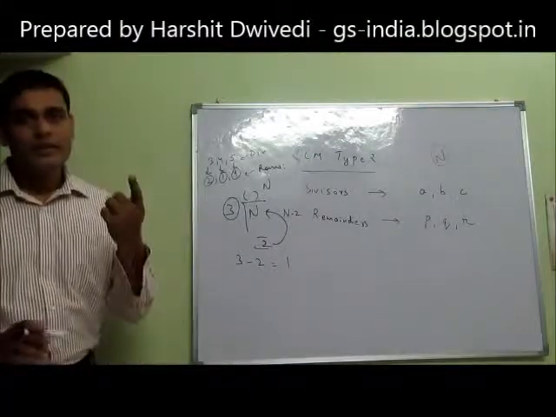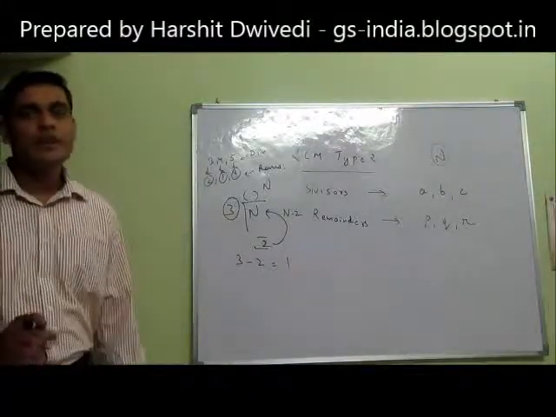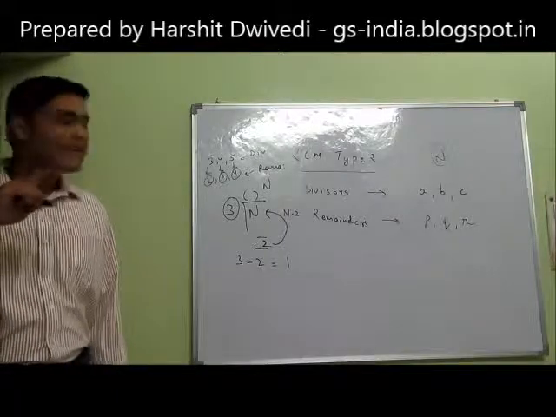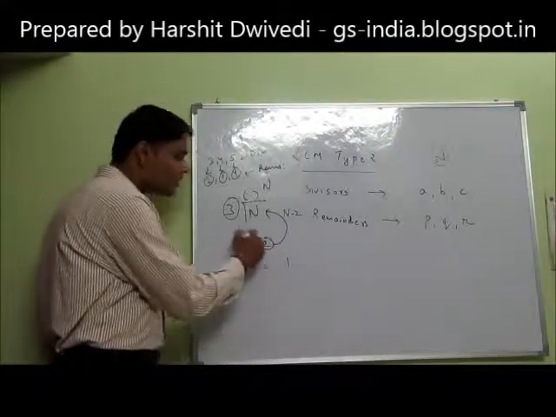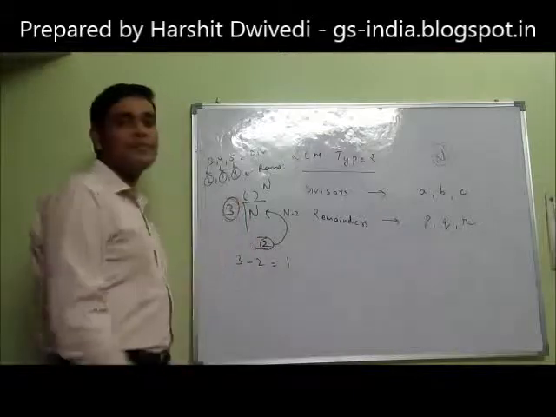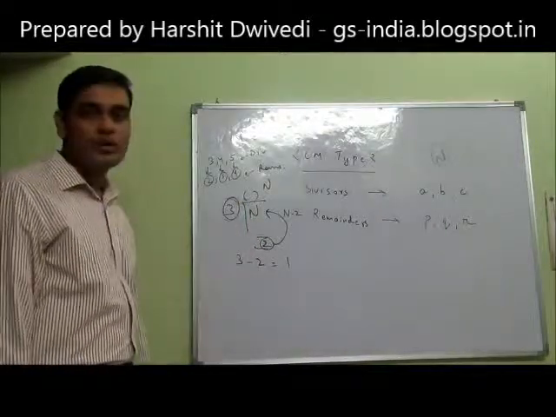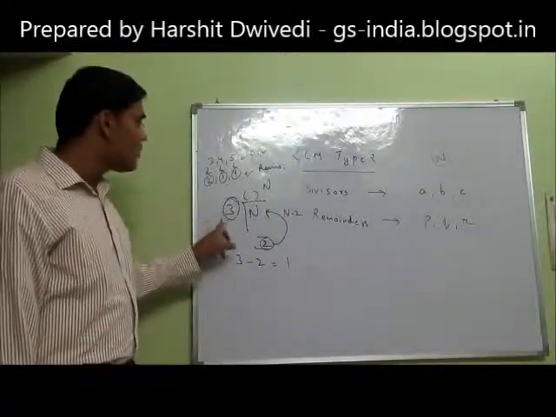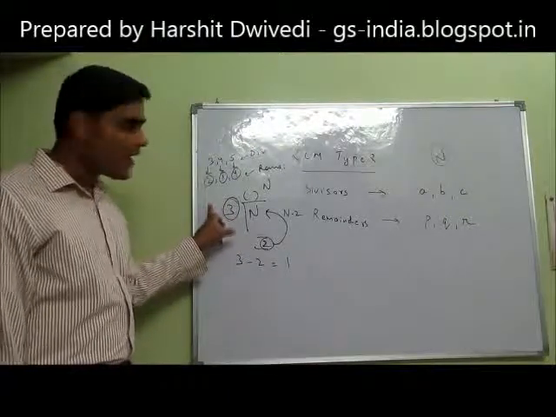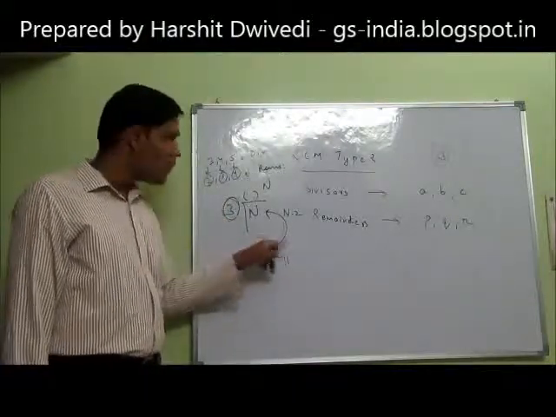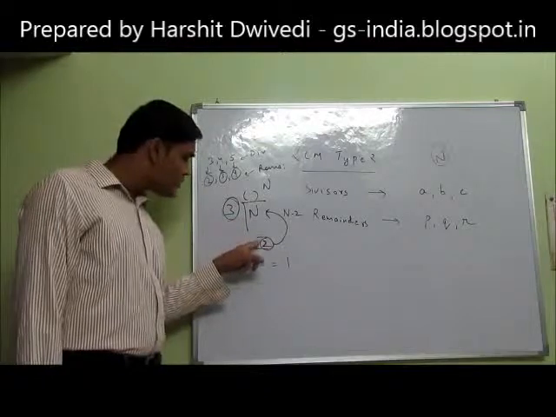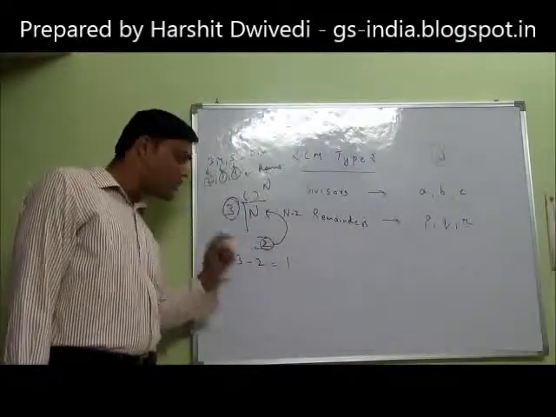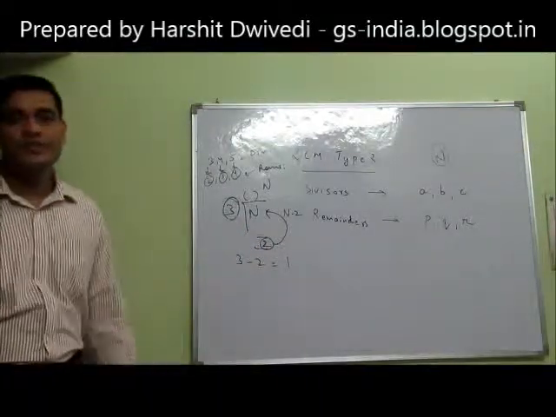I have to add 1. And from where will I get that extra? I will have to subtract this remainder from the divisor. That I have done here, 3 minus 2. Because this is the number in the groups in which I have to divide, and this is the extra item. So how much do I have to add so that this becomes equal to this? 1. That is 3 minus 2. This is the whole logic here.